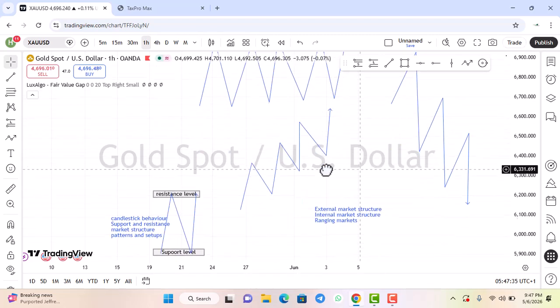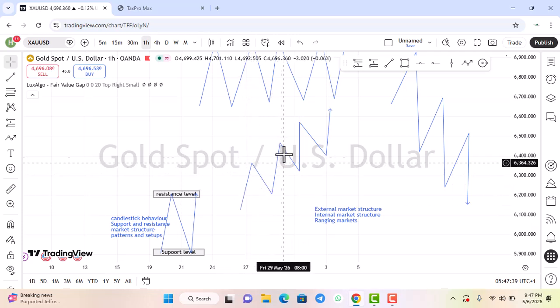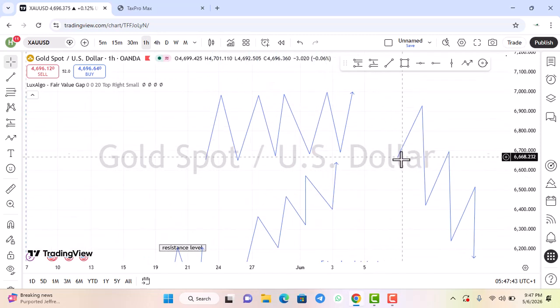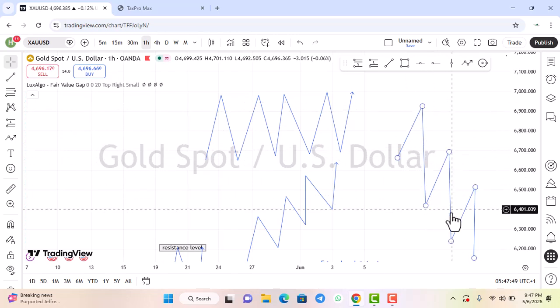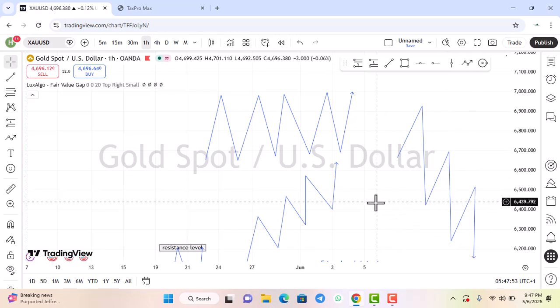Then in an uptrend, we can say the market is creating expansion, reversal, retracement, or expansion. Also in the downtrend, we can say the market is creating reversal, expansion, reversal, continuation, or retracement, reversal. So this is exactly how markets move from one point to another, right?